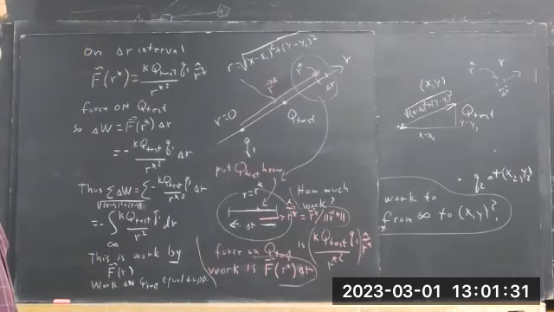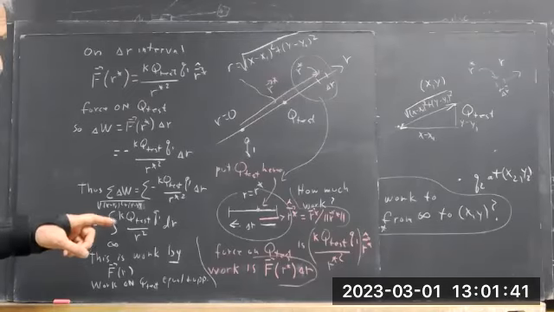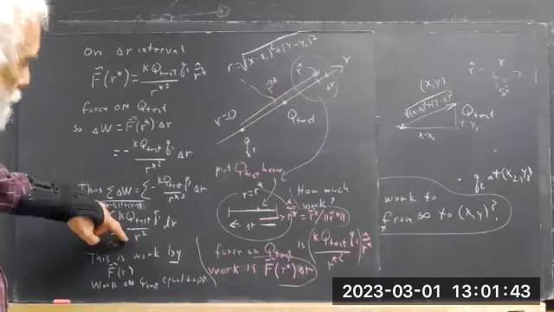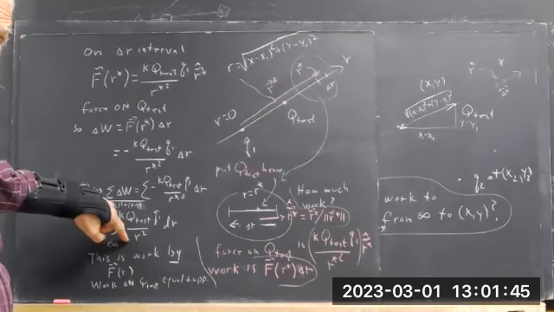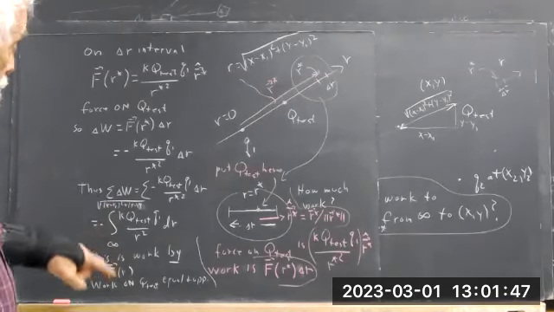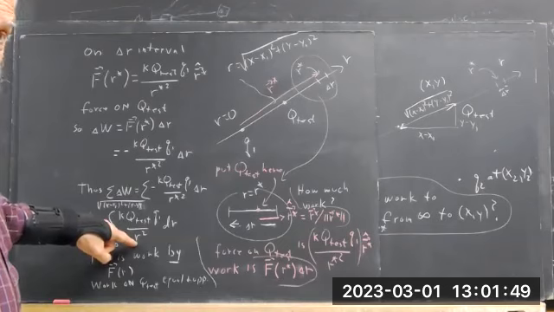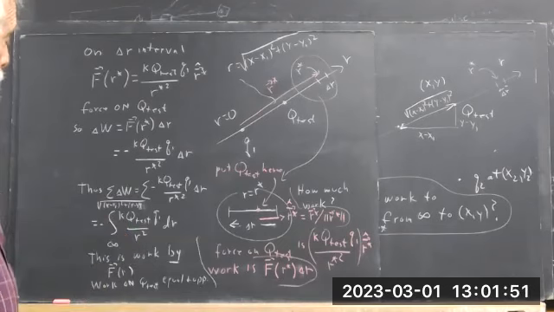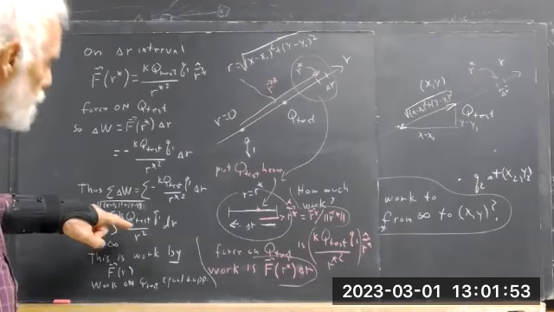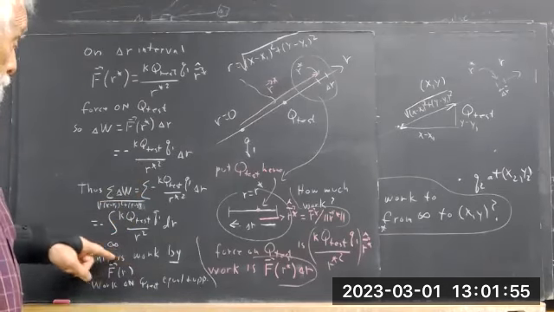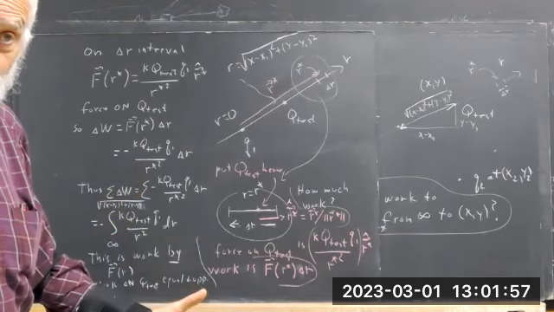Okay, so anyhow, if you integrate this, you're going to get a negative in here, which will match up with this negative. Your reciprocal R at infinity is going to give you 0.